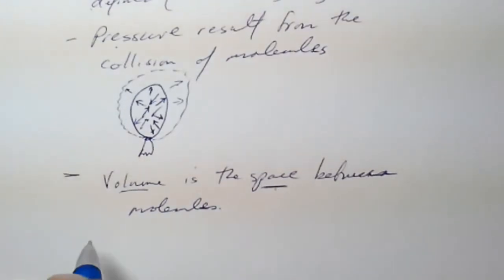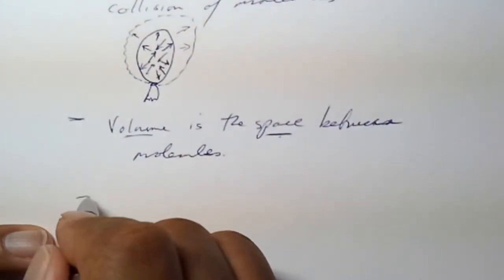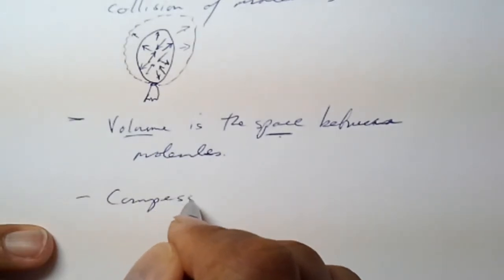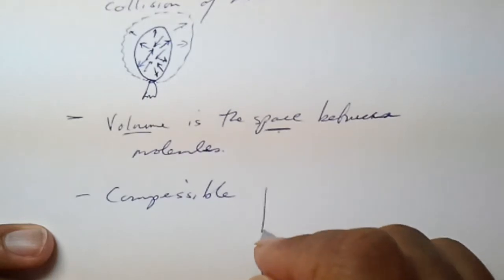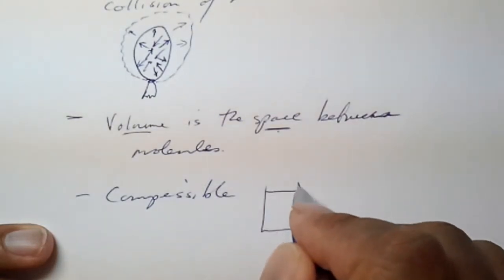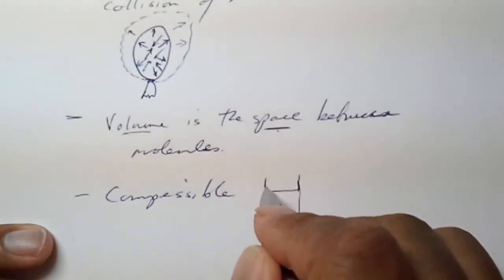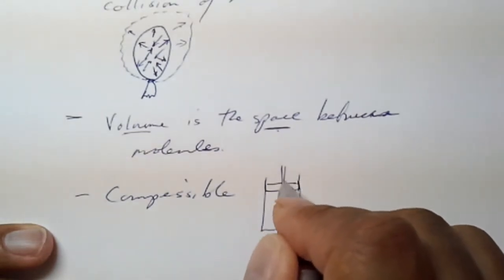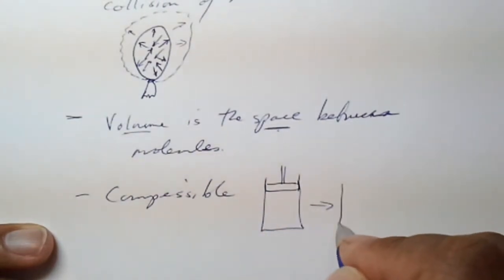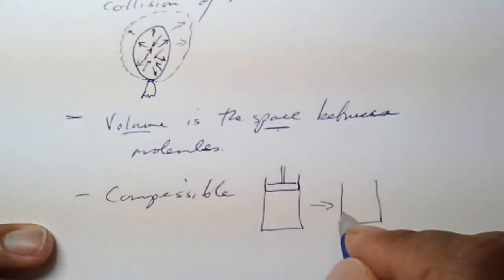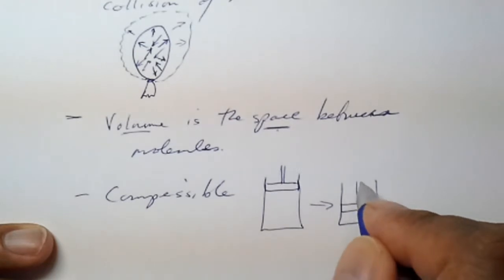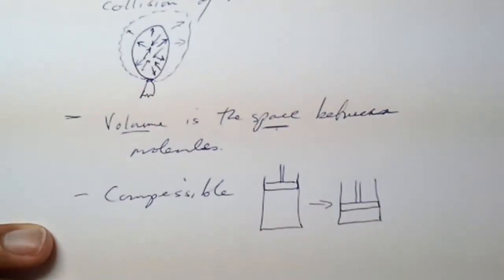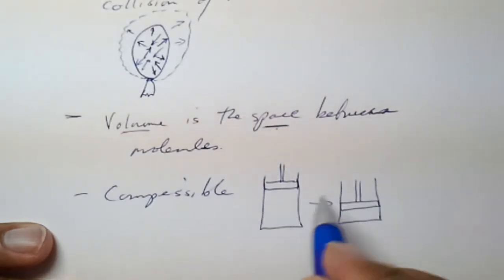And so that space allows gas to be compressible. That is, you have a piston on top of a gas. You can drive that piston all the way down and compress that gas, make the volume smaller.